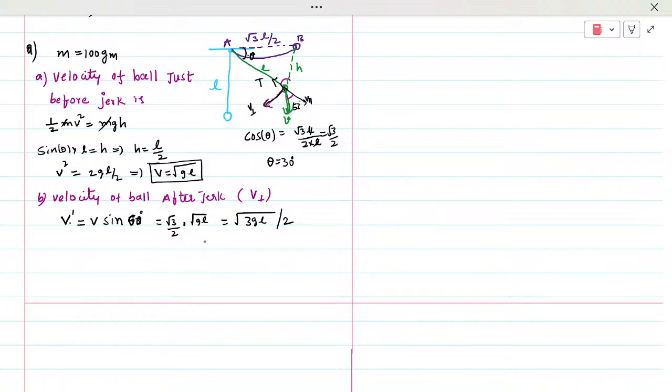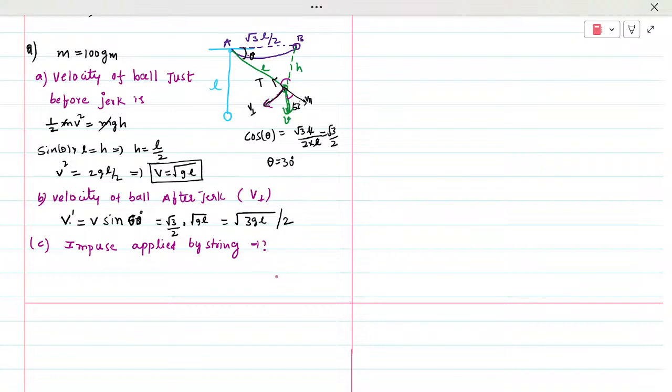Now in this case, impulse also they will ask next. Impulse means change in momentum. So impulse applied to the string means change in momentum along the string they are asking. Impulse applied by string is equal to how much?